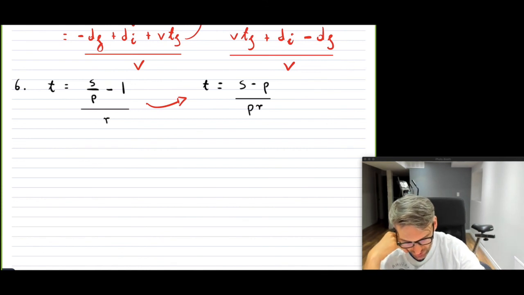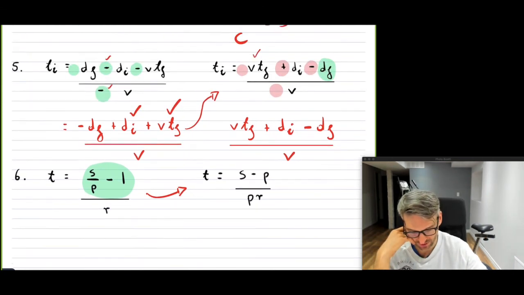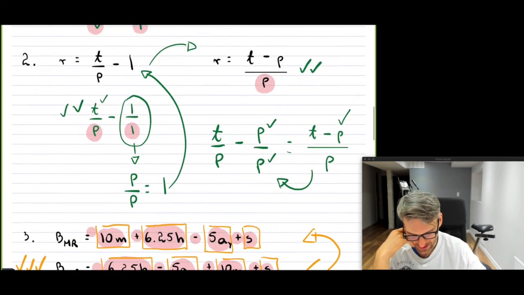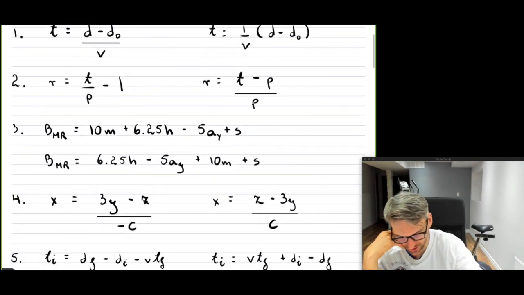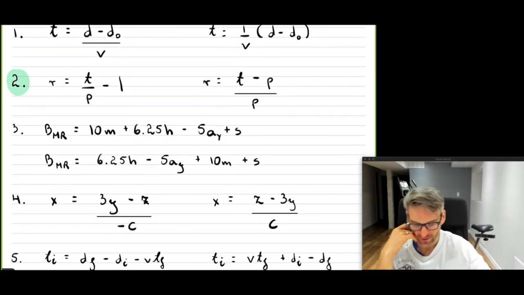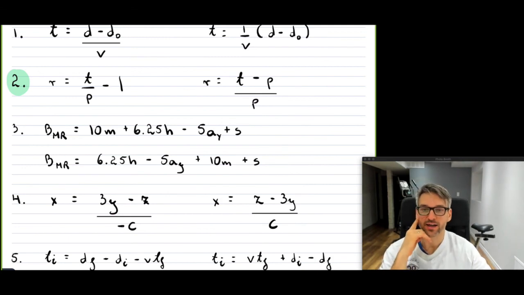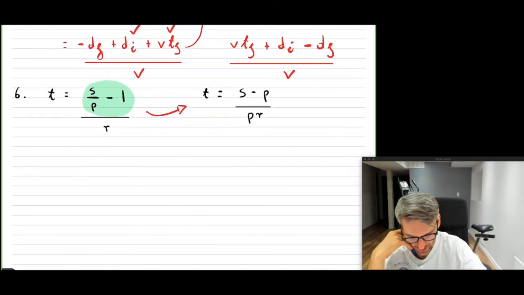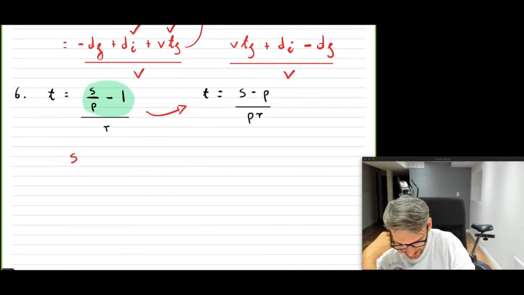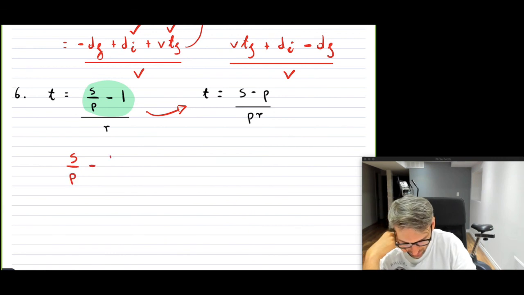So first, what I'm going to try to show you is let's take the numerator on its own. If you take the numerator on its own, it is exactly the same as this example, which was here, example number 2. So we're going to take this, and if I only work with that, so I have S over P minus 1.